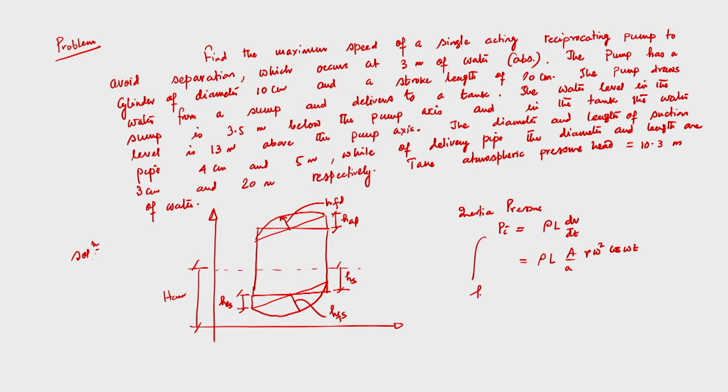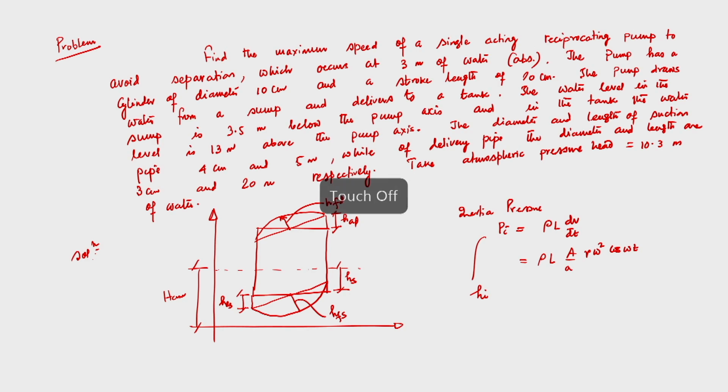Hi, the head corresponding to this inertial pressure, Pi by rho g, will be equal to L by g, A by a, R omega square cos omega t.